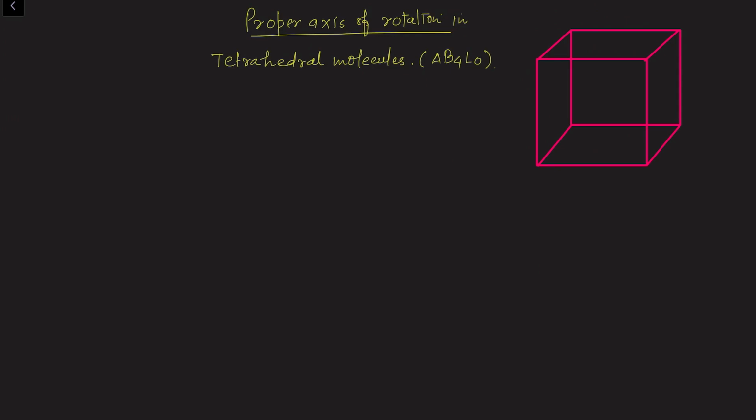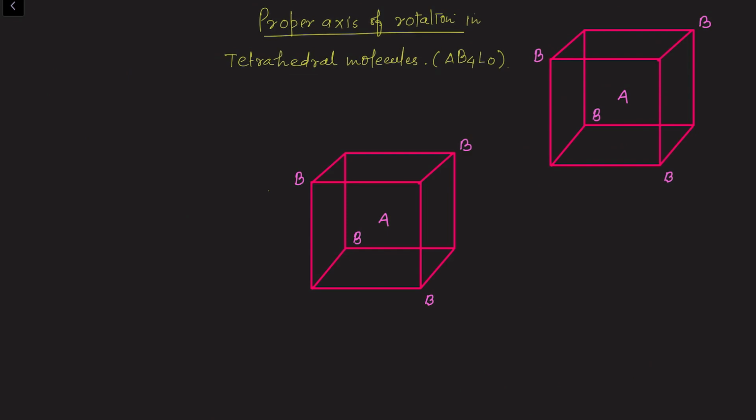We represent a tetrahedral molecule in molecular symmetry in a cube, right? In this cube, this is your central atom A, and we place the B atoms at alternate corners of the cube. This is the representation of a tetrahedral molecule. When you try to see the tetrahedral geometry in this cube, it will be easily visible.